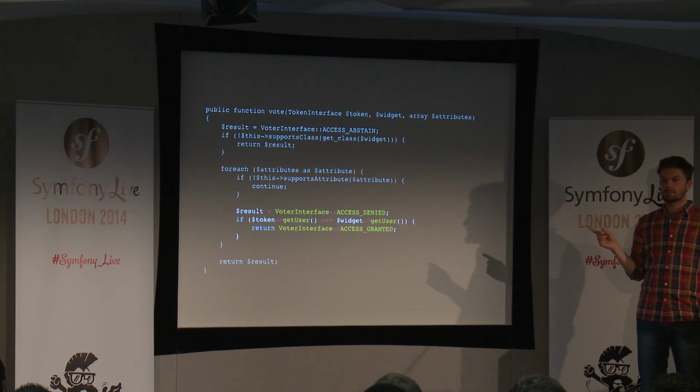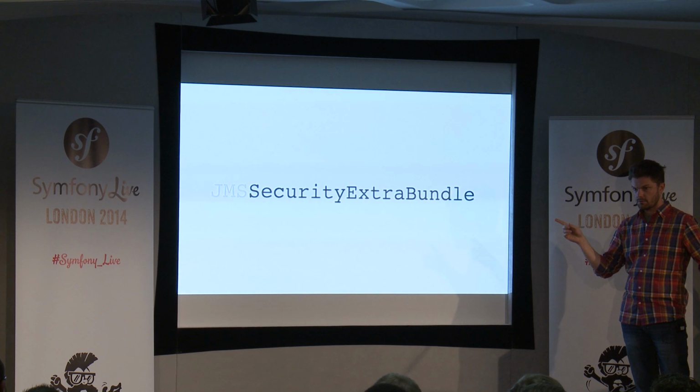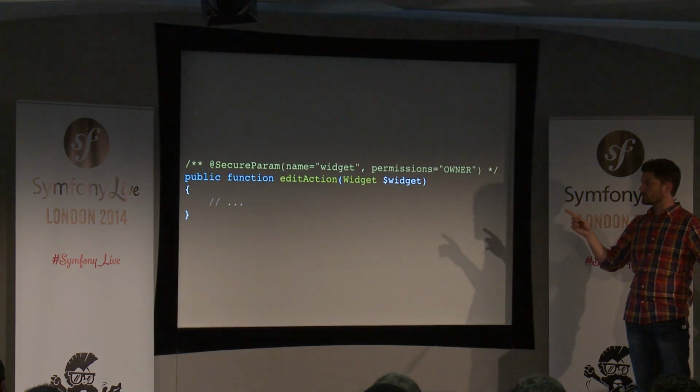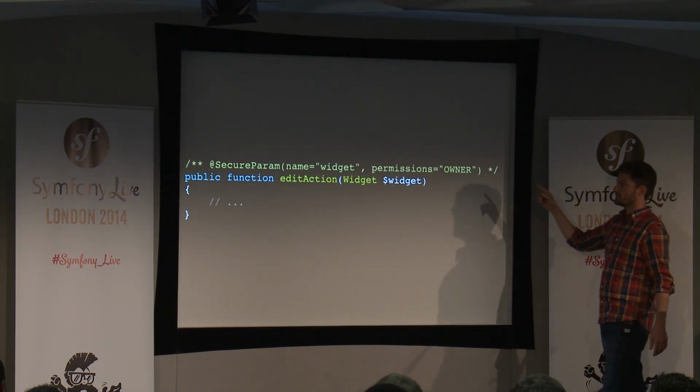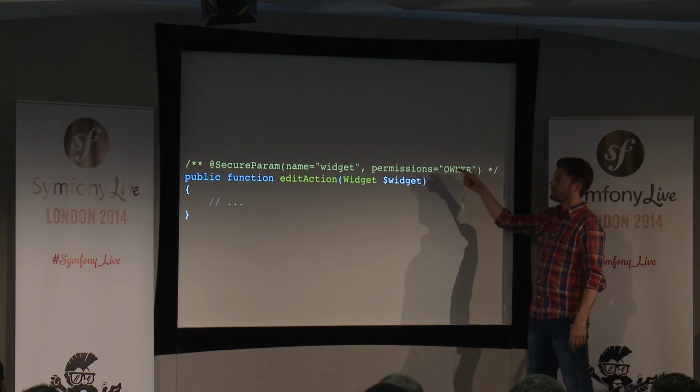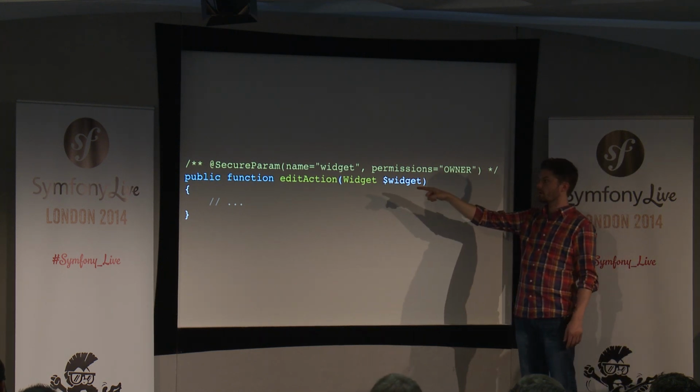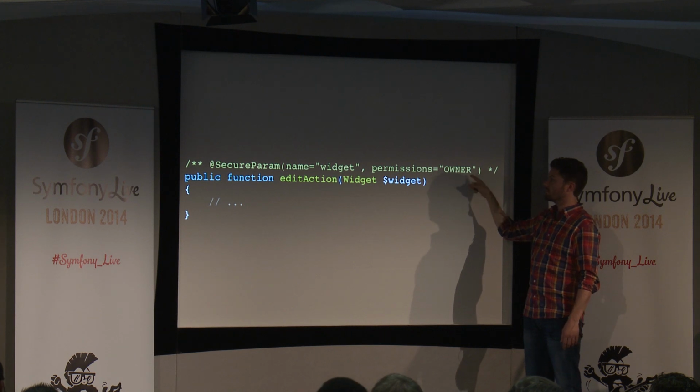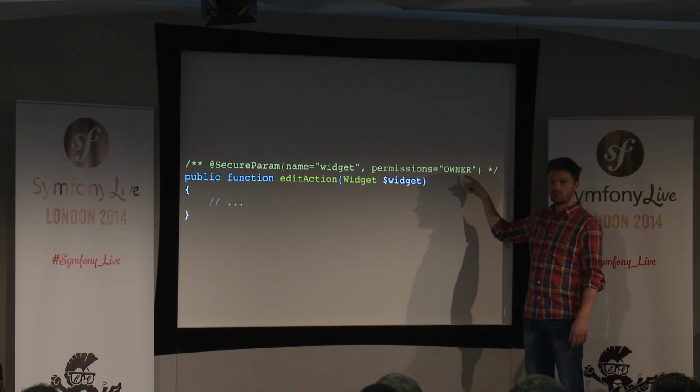And once you have this in place, you can use yet another JMS bundle, the security extra bundle, to secure your actions like so. So if you have an edit action, you want to be sure that whoever is editing it has the owner permission.